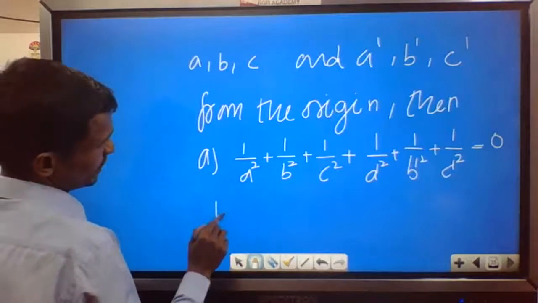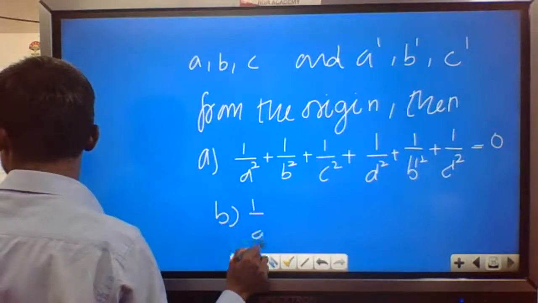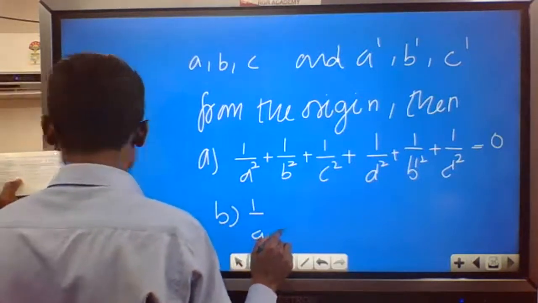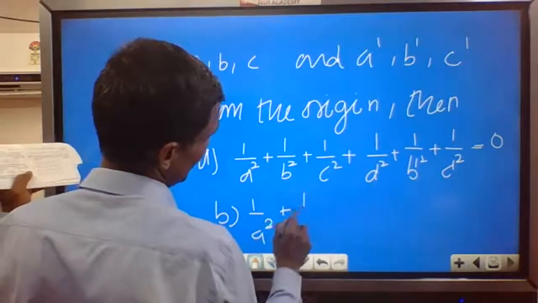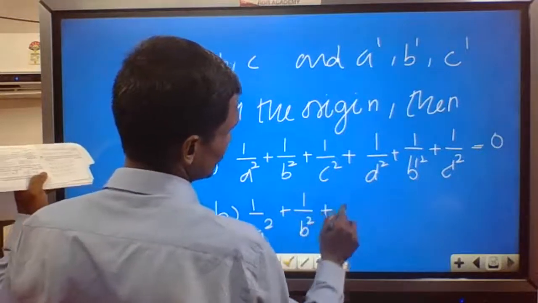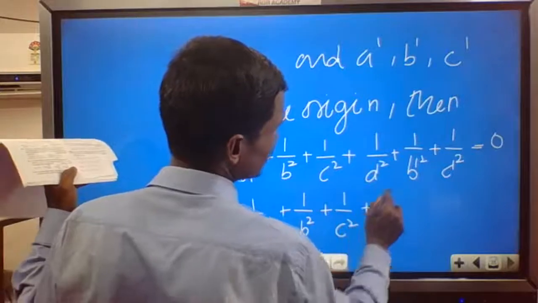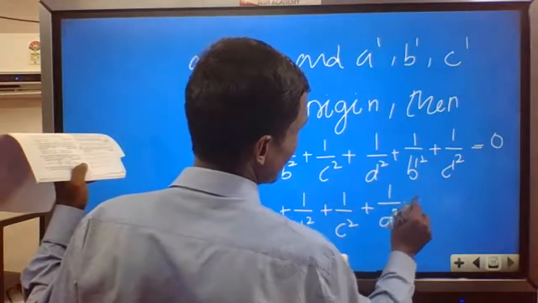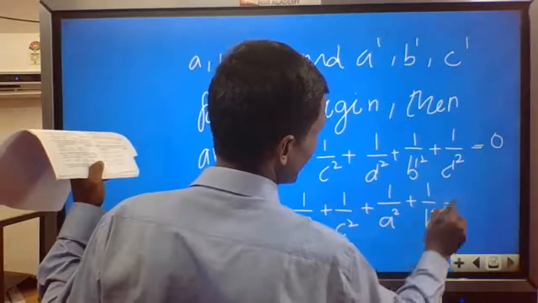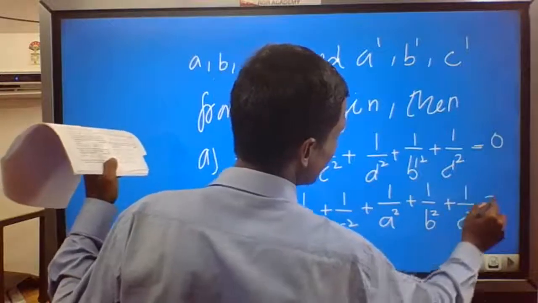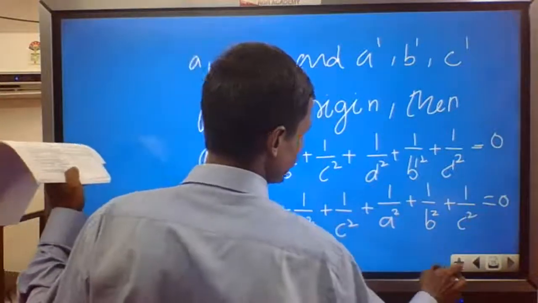The next option: 1 by A square plus 1 by B square plus 1 by C square, then 1 by A square, 1 by B square, 1 by C square equal to what? 0.